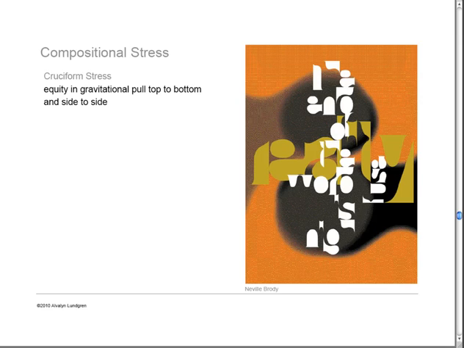Another compositional stress variation is the cruciform. Cruciform relates to cross, you know, like in a crucifix and so forth. So in this composition, what we see is a vertical implied line, and we see a horizontal implied line, and they actually equal each other.